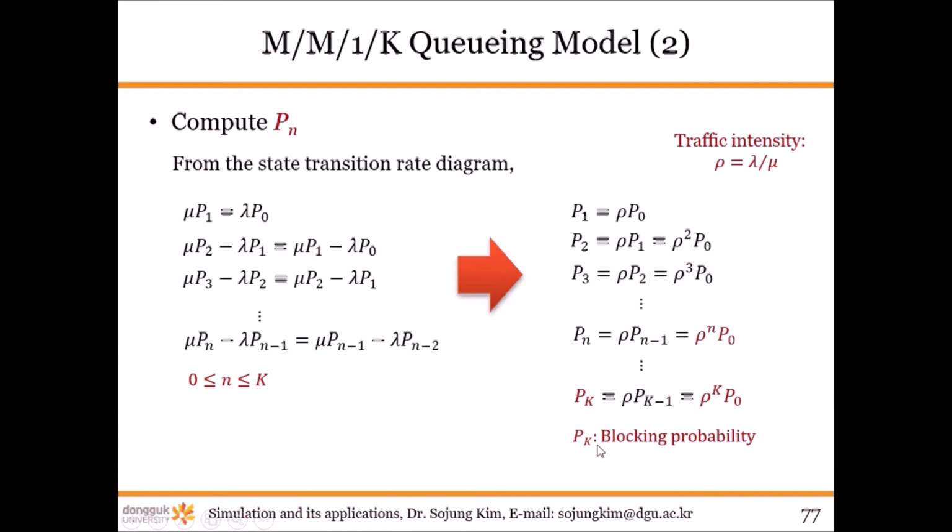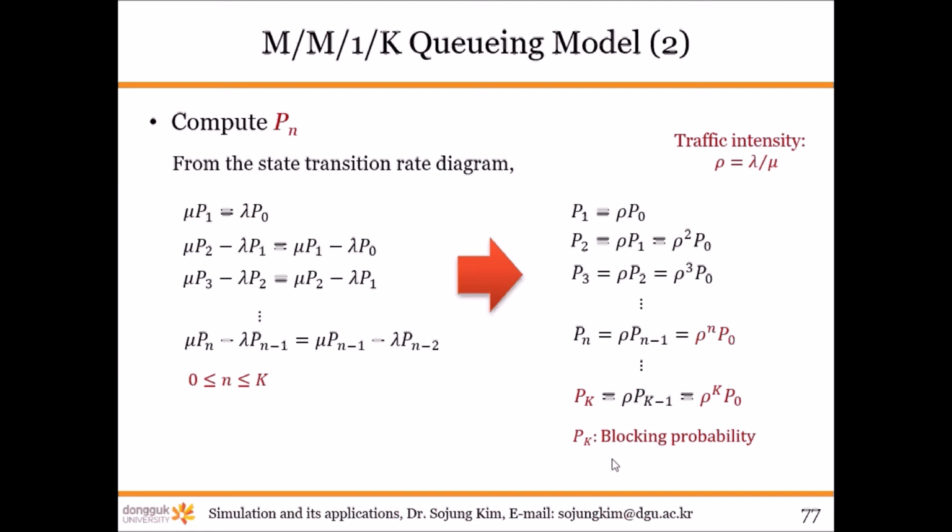Why? Because once the system has k customers, there will be no more incoming customers. The system cannot have more customers than k, so P_k is known as the blocking probability.